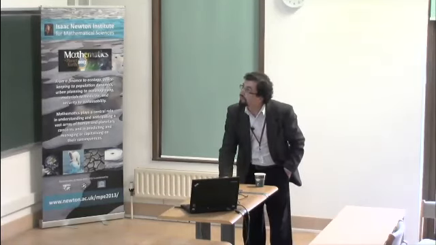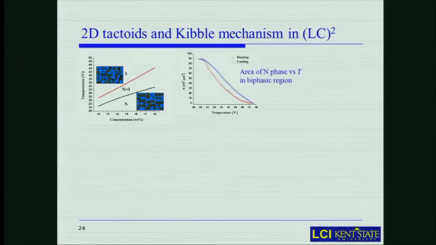The advantage of using this material is that you have a very broad range of coexisting nematic and isotropic phase. It's tens of degrees. So within this coexisting range, you can fix the temperature, and the amount of isotropic and nematic phase would be fixed. And so you can study in detail what's going on with the nuclei and with the defects.